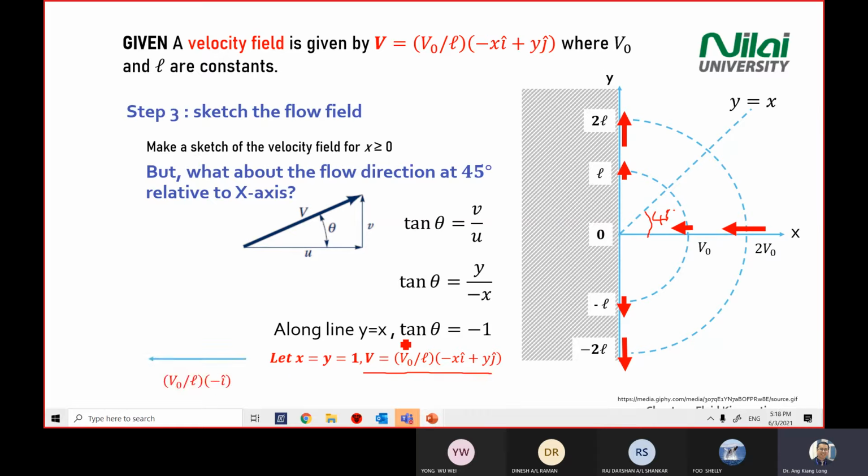You will arrive at this equation. You have two parts. One is V0 divided by L, and because your x is 1, you get minus i. So minus i, again, the arrow is pointing opposite to the x-axis direction, which is going to the origin, or going to the left. And another part of this equation is positive yj.